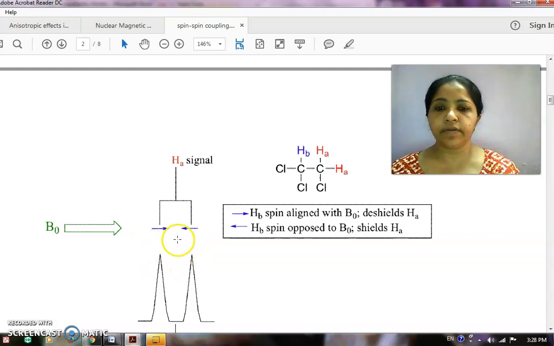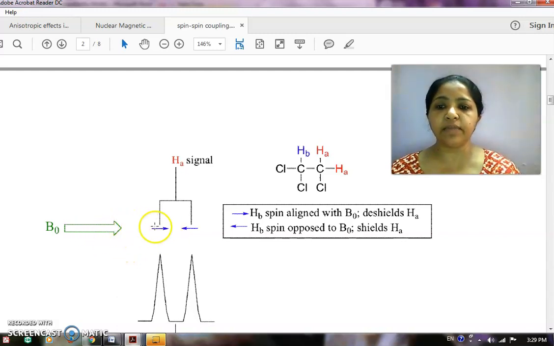Here, as I have already explained, if there is an alignment of the environment with the external magnetic field, the nucleus gets de-shielded. Here the environment is HB, and HB is having an alignment with the external magnetic field. See, this is the arrow, in the same direction.